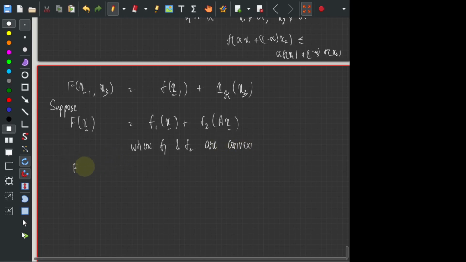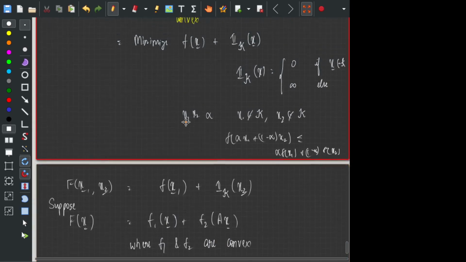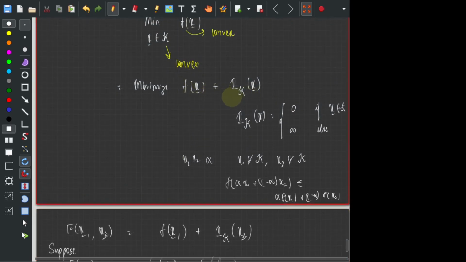So clearly this is the case over here, right, where A is just the identity matrix. So I can have f1 equal to f and f2 equal to this indicator function.